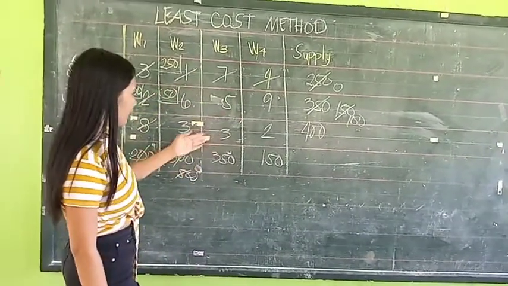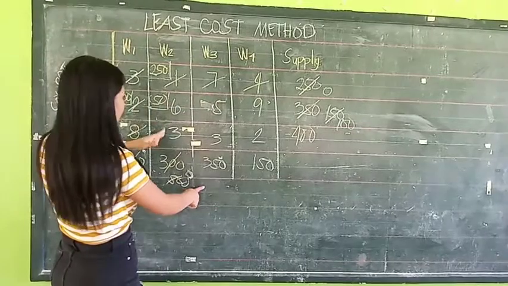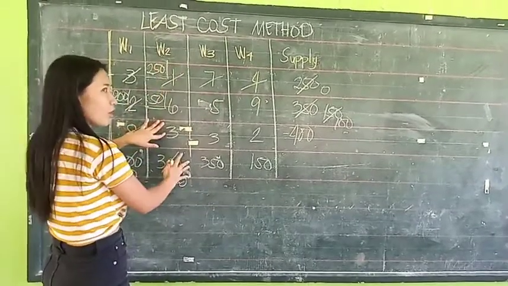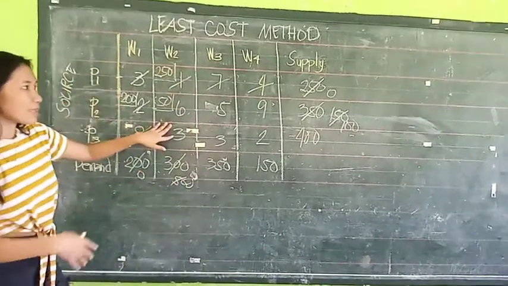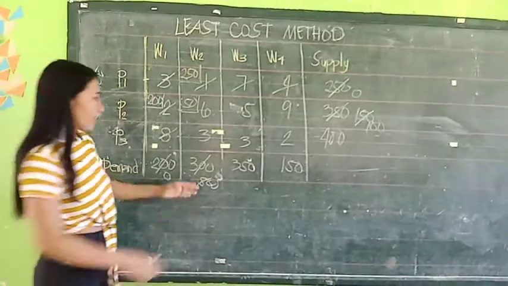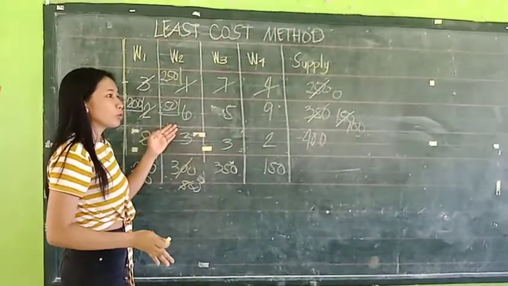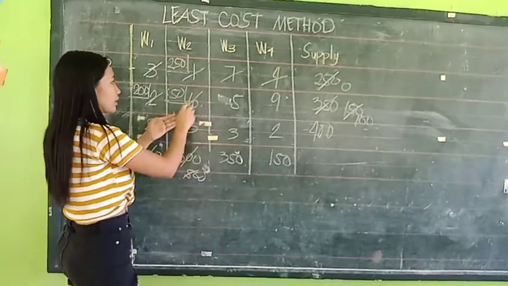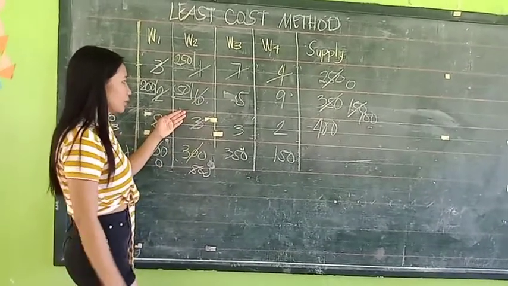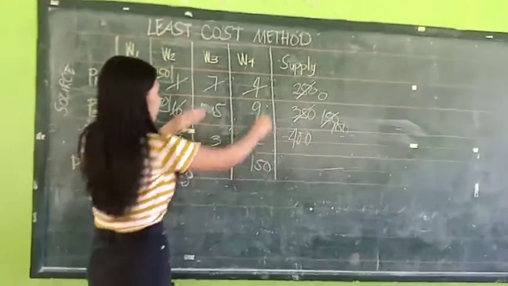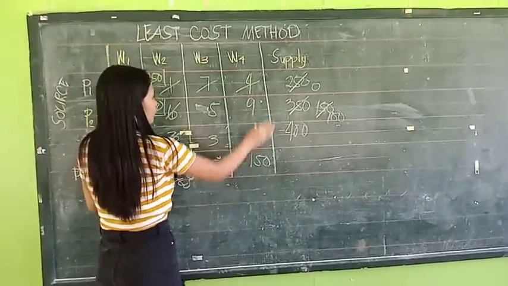In this column, they are now satisfied, so we don't need to forget to cancel out this area since they are both satisfied.